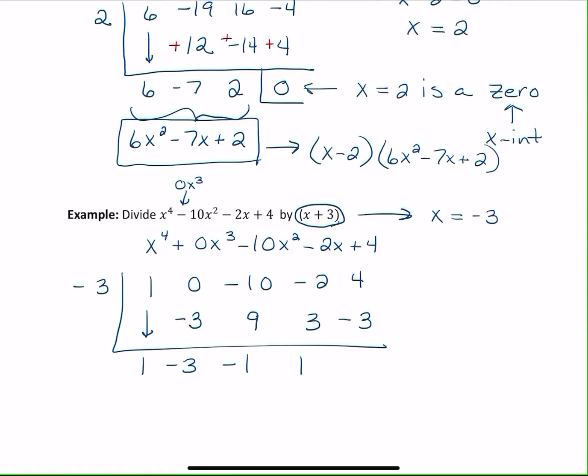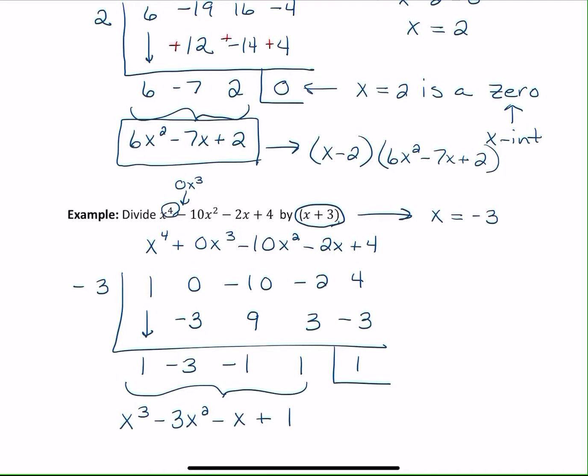And then add again will give me 1. That's my remainder. So here I started with a fourth degree, and I factored out a linear term. So that means this is going to be a third degree. So this is going to be 1x cubed, or just x cubed, minus 3x squared, minus 1x, plus 1.